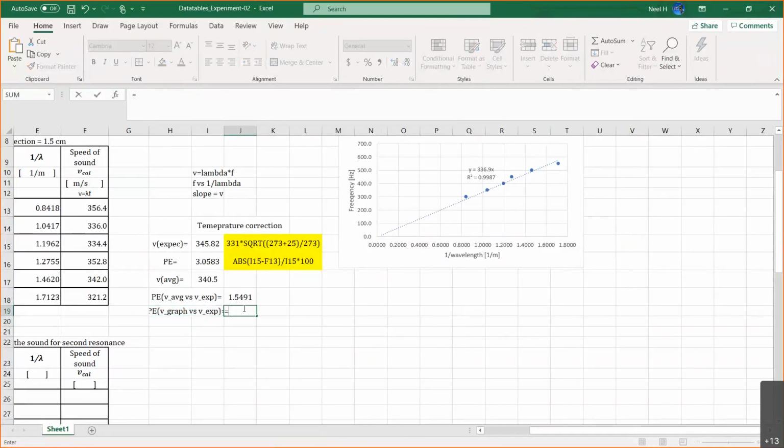Equal sign, ABS, parentheses, we expected 345.82 minus, and from the graph we get 336.9, close brackets, divide by expected value, multiply by 100, 2.5. Still a fairly decent value. Okay, question.